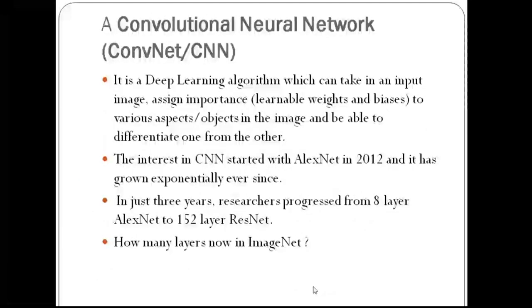So we introduced the convolutional neural network. The convolutional neural network was first used in 2012 in AlexNet. The AlexNet network was used in the ImageNet competition, and since then CNN has given very good results for image identification and object identification.